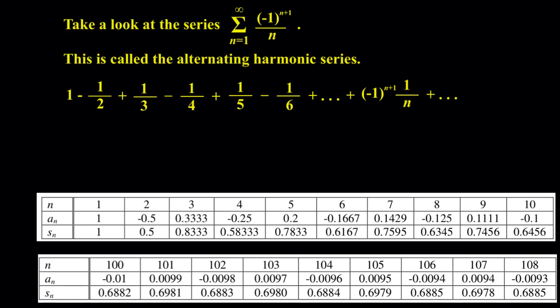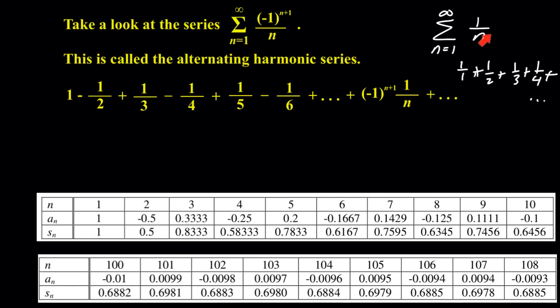If you will recall in the previous lesson, when you have the sum from n equals 1 to infinity of 1 over n, that is called a harmonic series, and that would be, for example, 1 over 1 plus 1 over 2 plus 1 over 3 plus 1 over 4, and so on. And that harmonic series diverges. So a harmonic series diverges.